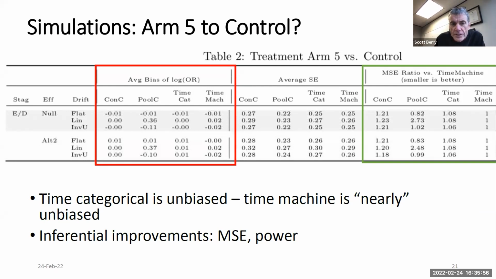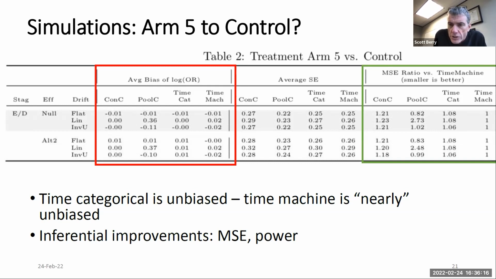The time machine is the 4th one here. On the right, I've shown the mean squared error relative to the time machine. And the time categorical has, across these scenarios, a 6 to 8% increase in mean squared error relative to the time machine. It does pretty well.